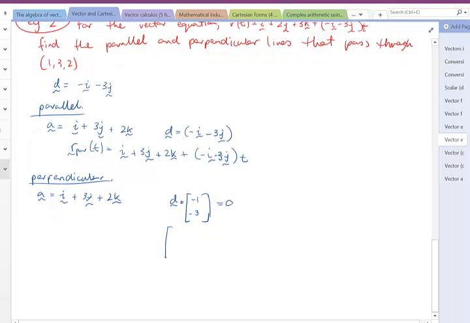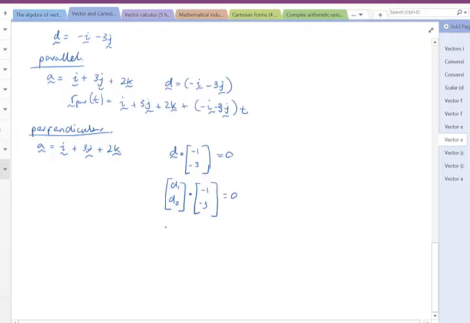So really what we're looking at is d1, d2 dot -1, -3. That will be equivalent to 0. So we get -d1 minus d2 is equal to 0, and that means we have negative d1 is equal to 3d2.